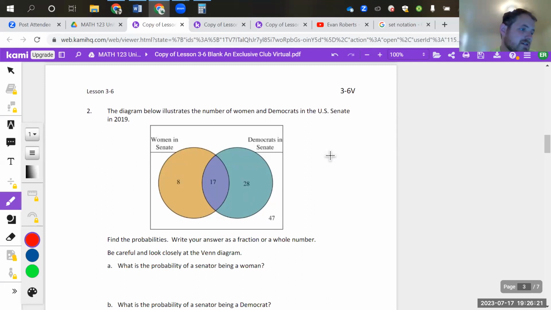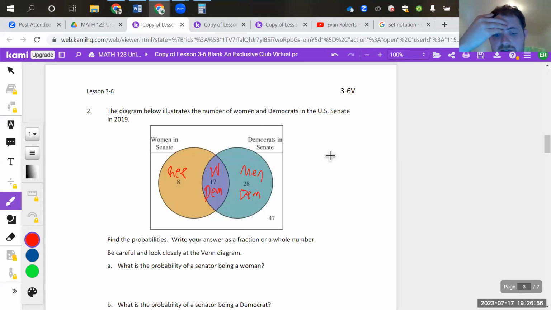So if I'm reading this correctly, this would mean that there are 8 Republican women, and there are 17 women that are Democrats in the Senate. And then the 28 would represent men that are Democrats. Okay. So just getting our mind around what each of these numbers means.